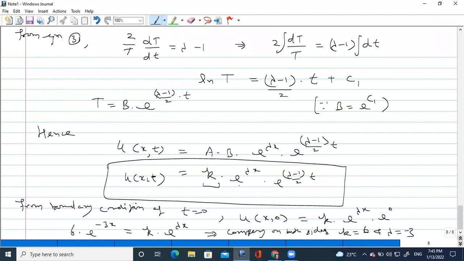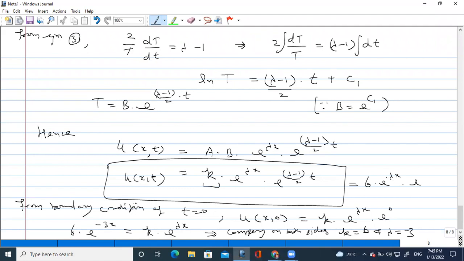So we will put those values here and we will get u(x, t). Note down this. So u(x, t) will become, here we can write k as 6, into e to the power lambda x into e to the power lambda minus 1.